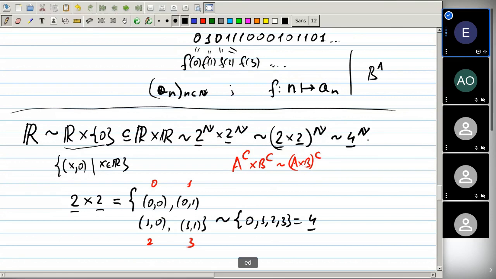But every such sequence, every such function is a function from naturals to naturals. Do you agree? Yes. But every natural number is a real number, isn't it? Yes. So every sequence of naturals is a sequence of reals.